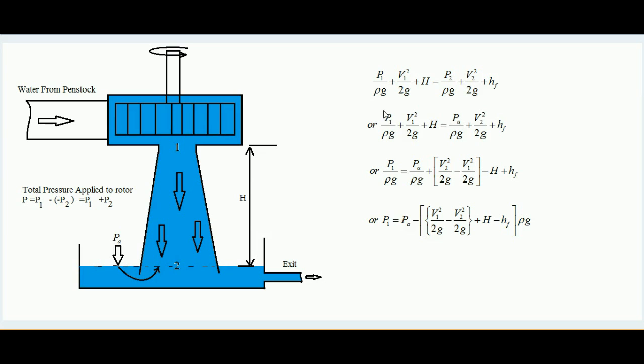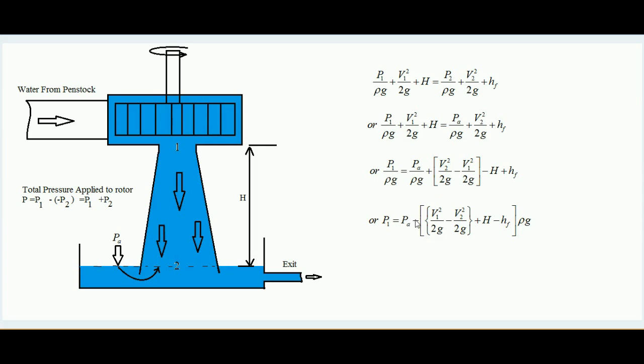Now keeping P1 by rho g over the LHS and taking all the entities over the RHS, we are getting this equation. You can see P1 by rho g equals PA by rho g plus V2 square by 2g minus V1 square by 2g in the bracket minus H plus HF. Now if we multiply both sides by rho g, what we will get?